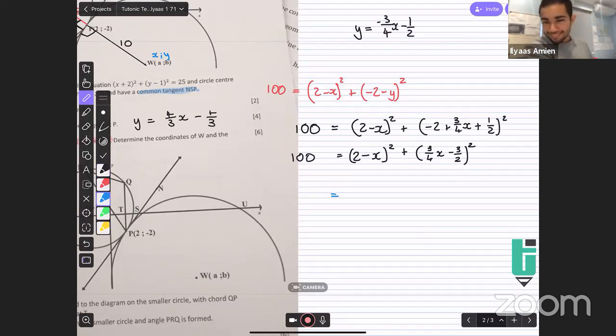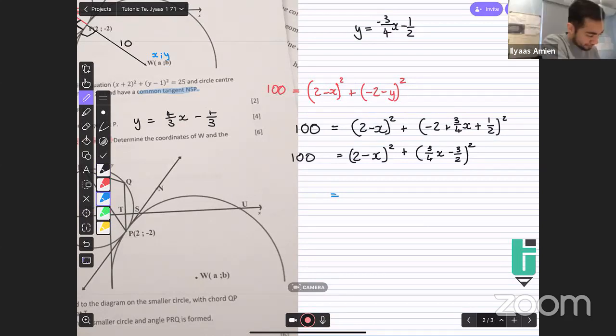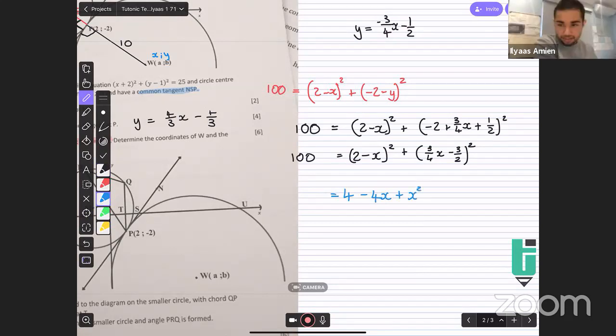So it's 4 minus 4x plus x squared. Okay, and Alia, the second bracket?